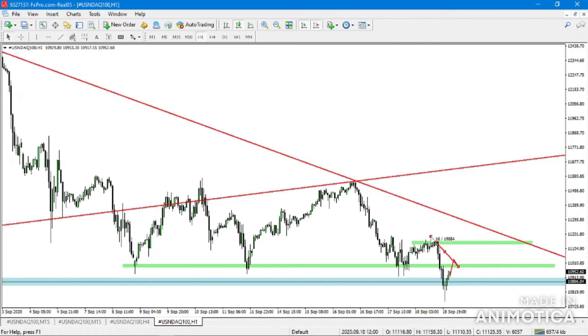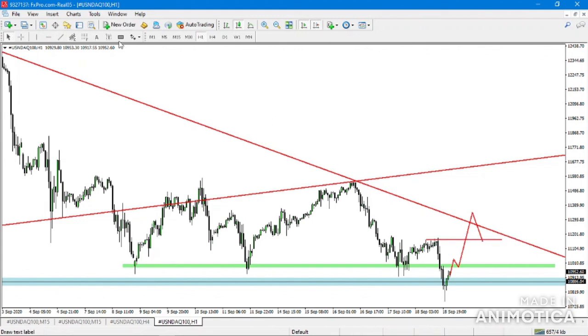But if she breaks this high right here, let me just mark this out properly. If she breaks this high right here, only then would I be interested in having a long-term buy.